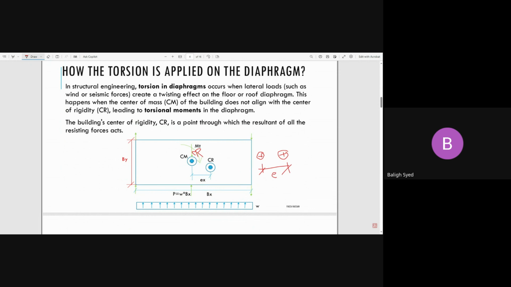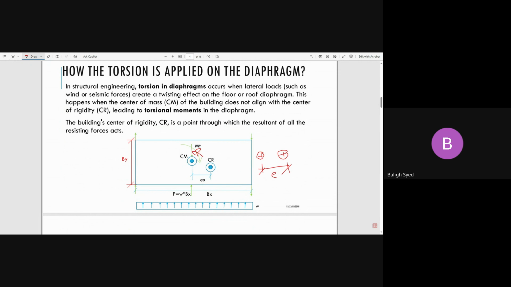That's why the code even uses the nomenclature accidental eccentricity. When you go through the seismic provisions in the code, you will see this word, accidental eccentricity. Even for the wind, the same nomenclature can be applied. In wind it is 15%, and in seismic it is 5%.